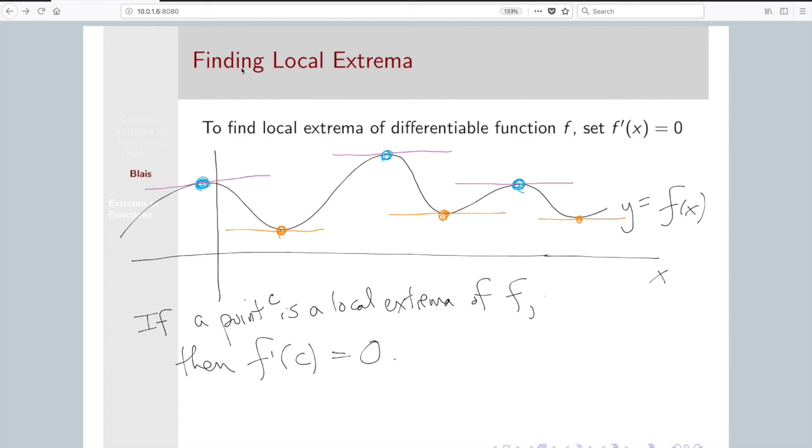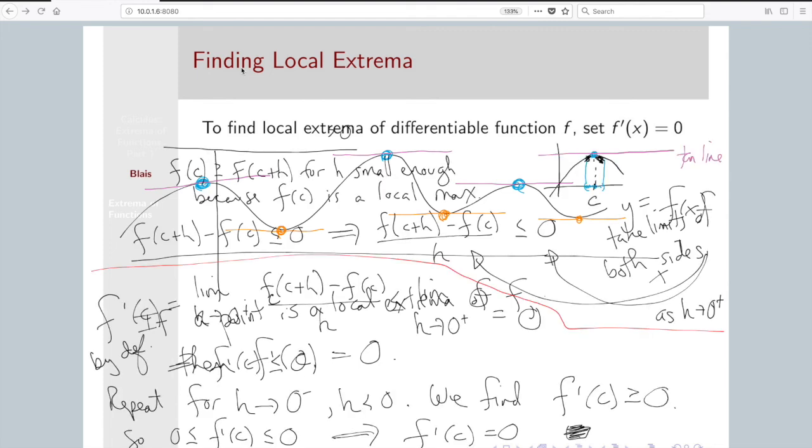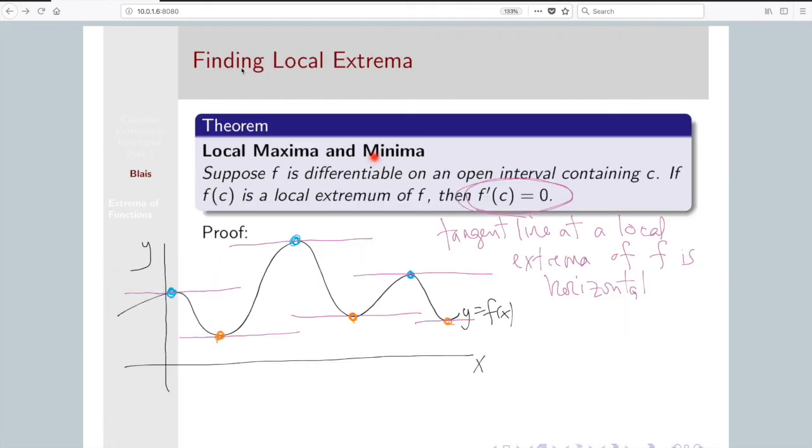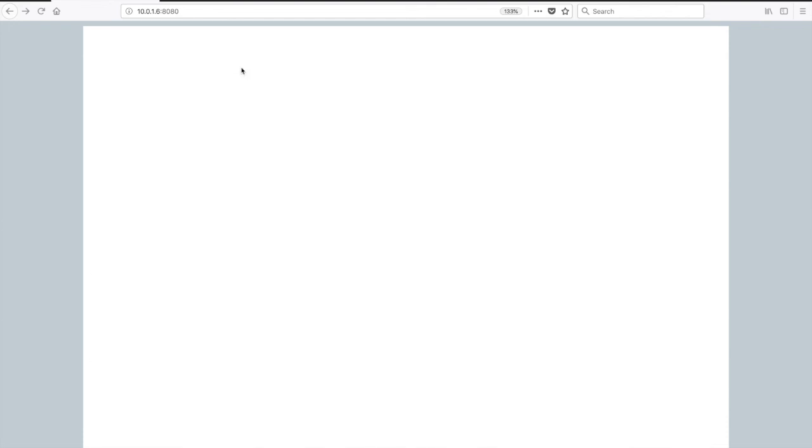Now, that being said, we should notice the converse of this theorem is not true. If f prime of c equals 0, f of c is not necessarily a local extreme value. So the converse of our theorem is false.